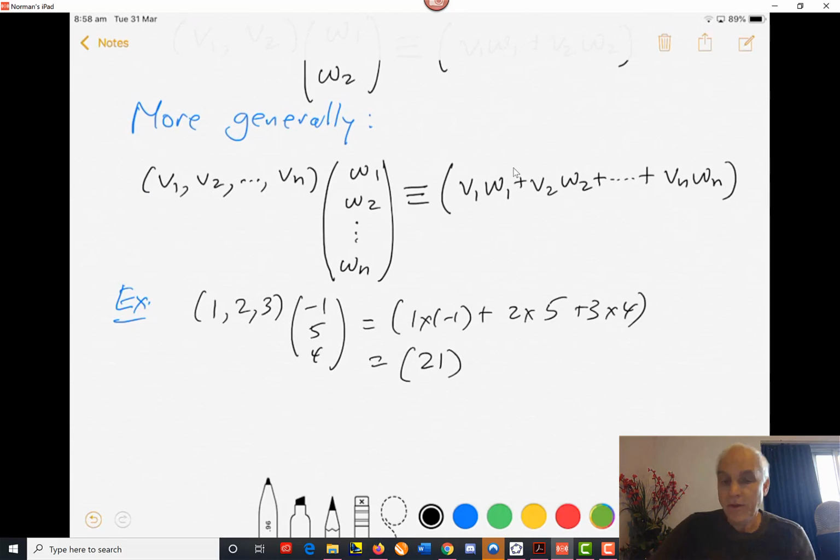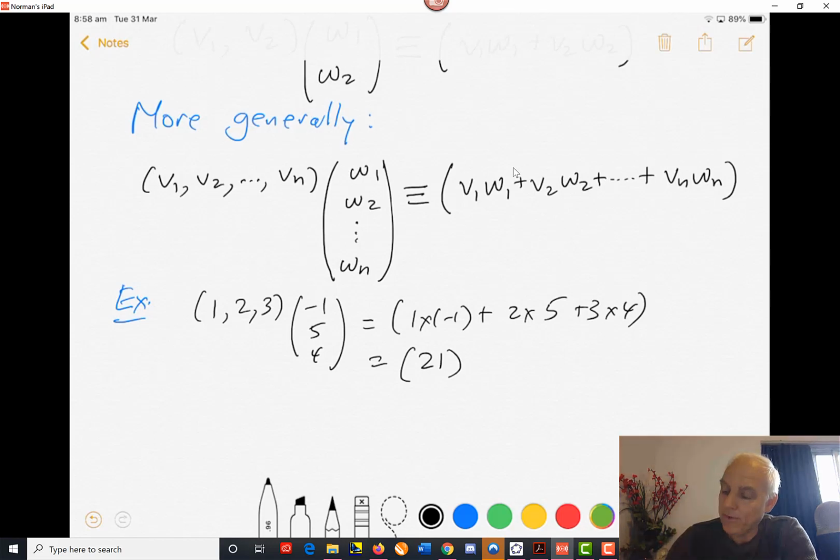Now, you've seen this before, because this is really just the same as the dot product of the two vectors, with a slight difference in that the two vectors are not both column vectors. Now one of them is a row vector and the other one's a column vector, but it's really just the same as a dot product of vectors.